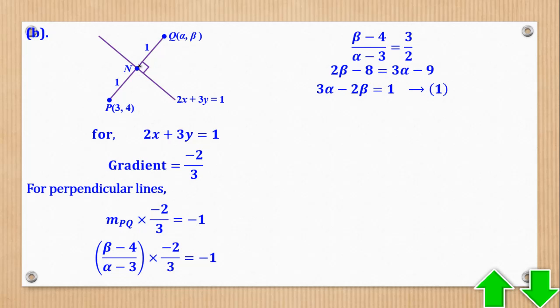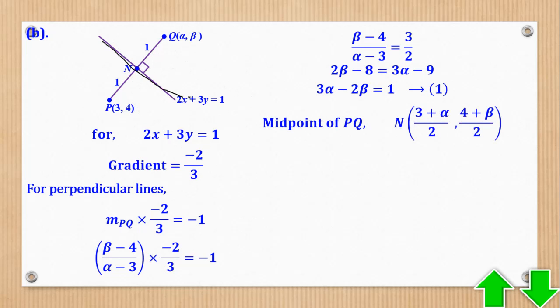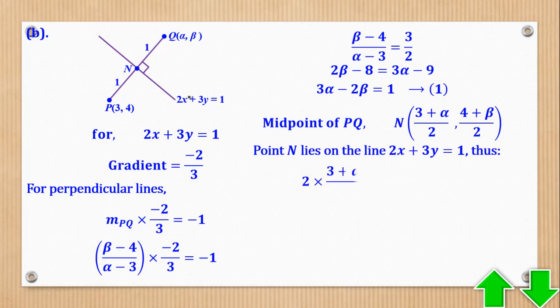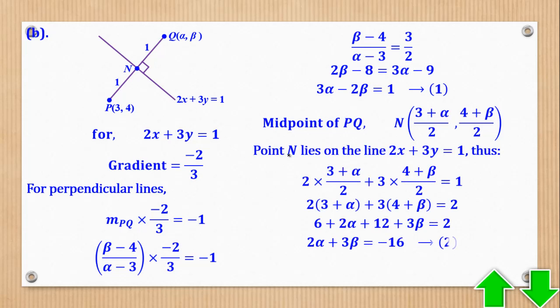That is one. Then they also told us that N is the midpoint. So the midpoint of these two is the average of their coordinates. And that point lies on this line, so I'll substitute for x and y, and get an equation also in terms of alpha and beta.